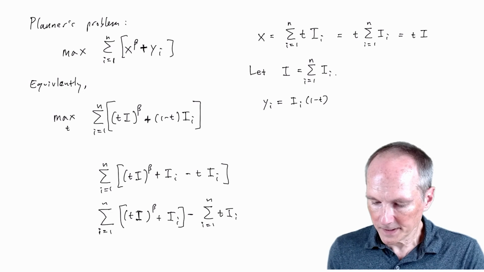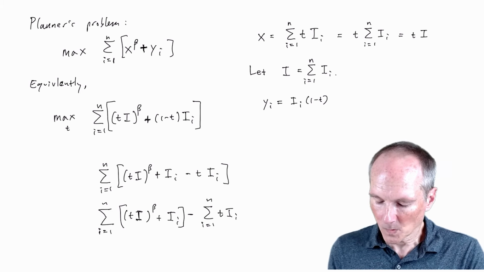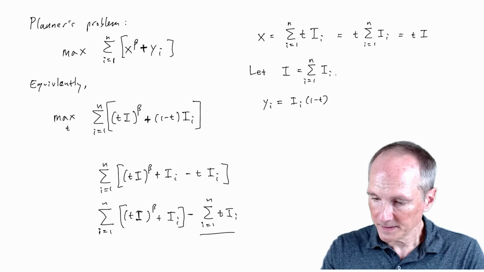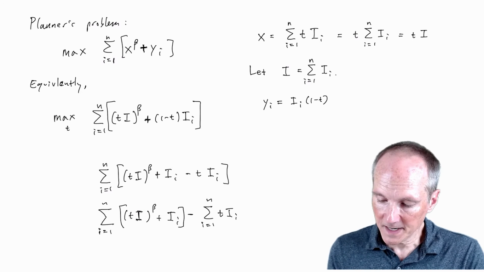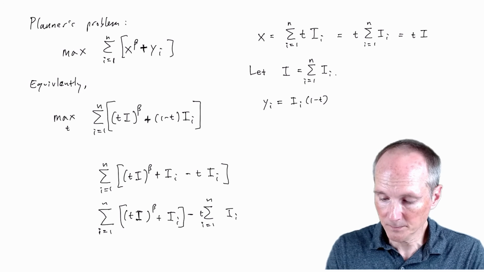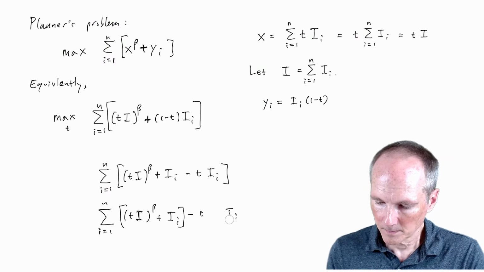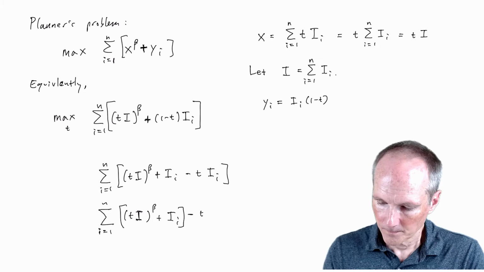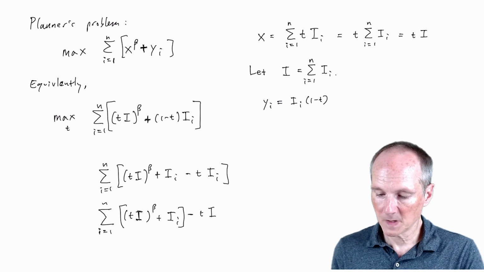But actually, this part here simplifies even more because I can pull the t out, and then that t is just multiplying the total income. Okay.